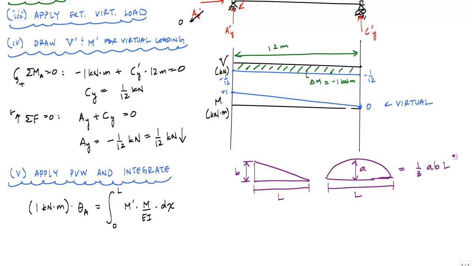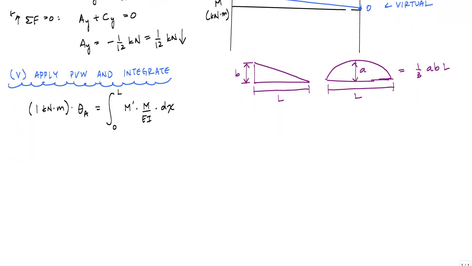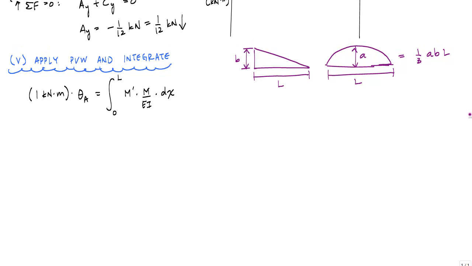And so what I like to do is go ahead and just kind of draw for myself what this integral looks like from 0 to 12 meters being the entire length, and this m prime was the virtual moment diagram, which looks like this, had a value of 1 kilonewton meter.